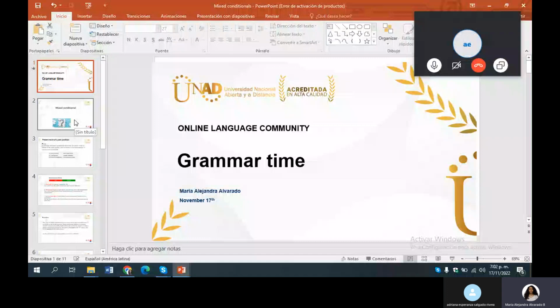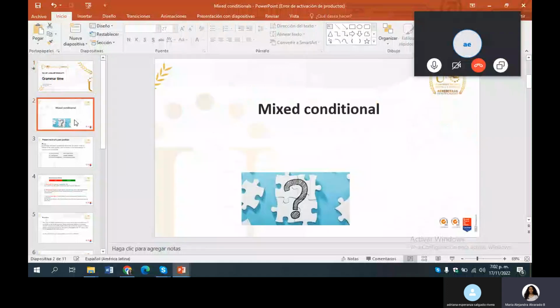Okay, so for today we have a topic which is mixed conditional, okay? This is a topic which is really important to know, what are the conditionals that we have. We have the first conditional, second conditional, third conditional.